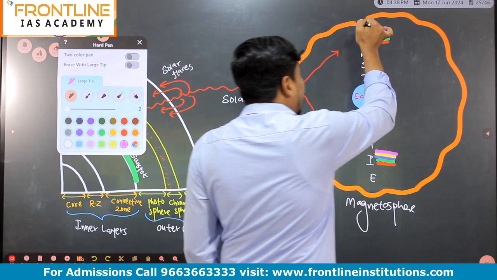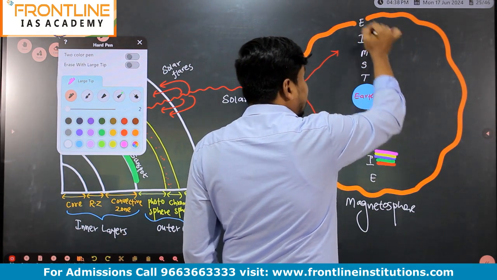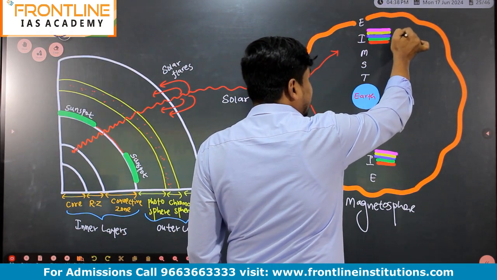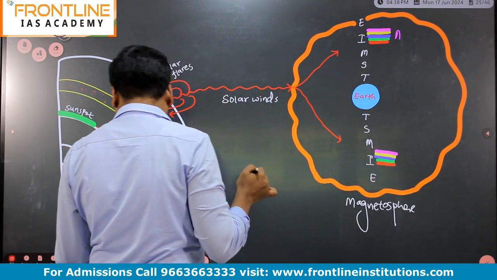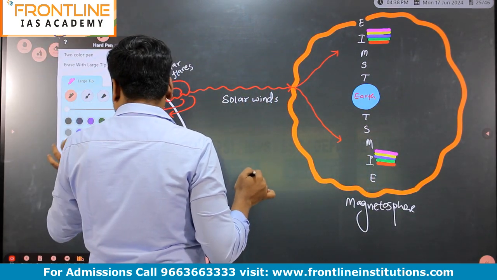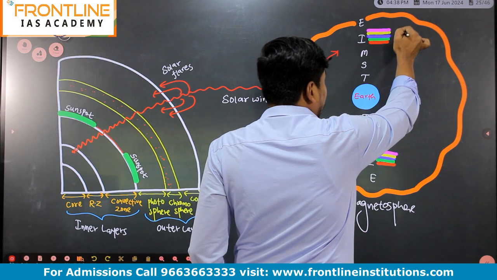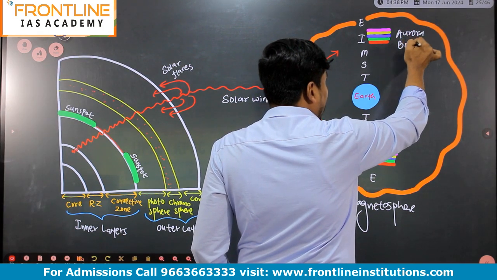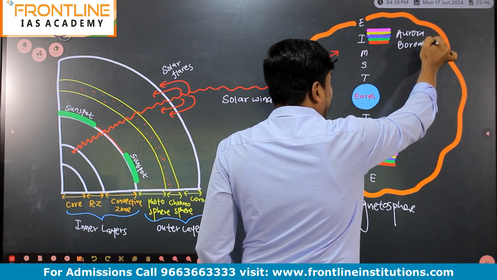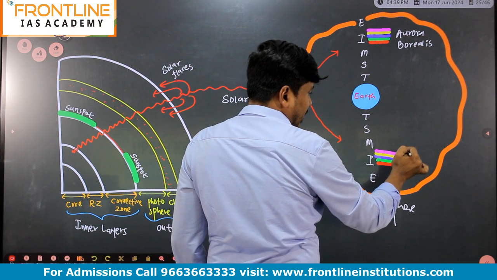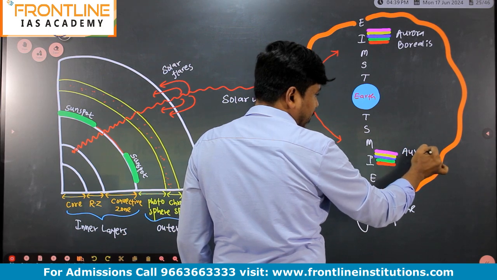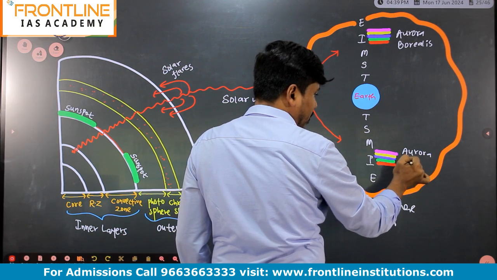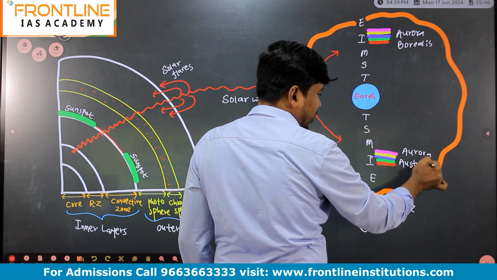Here in the ionosphere, you'll find these colorful lights, and these colorful lights are known as aurora borealis and aurora australis. So this is aurora borealis, and this is aurora australis.